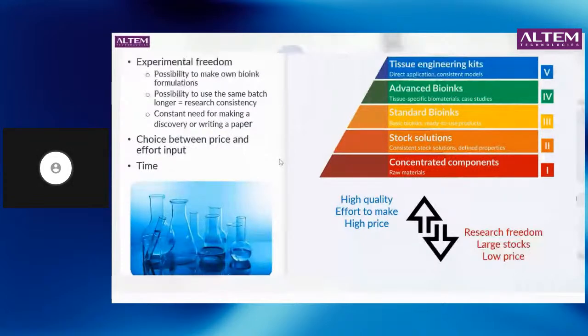Then we have tissue engineering kits also, which can aid in the overall process, starting from mixing the materials together with a specific set of protocol, printing the material, having a protocol of printing, and then also doing the stainings or analysis or testing of the material. So this is the kind of things we provide.